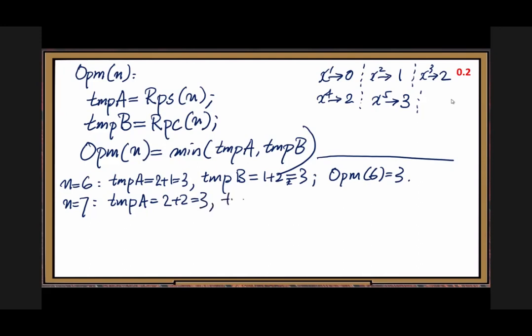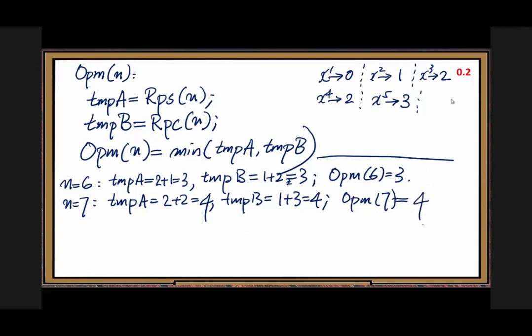Temp B. Mod 3, 1, but divided by 3, 2. x squared, that's 1. 1 plus 3 equals 4. Equals 4, we take the smaller one. op of 7 equals 3, not 4. Question? Oh, sorry. You're right. 2 plus 2 is 4. So it should be 4, not 3. Thank you for correcting me.